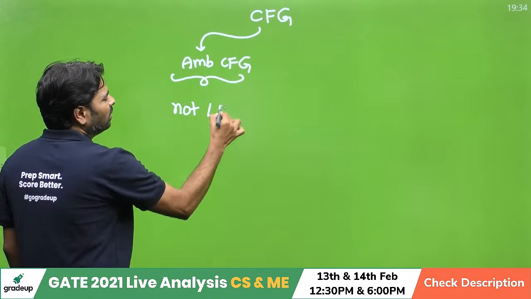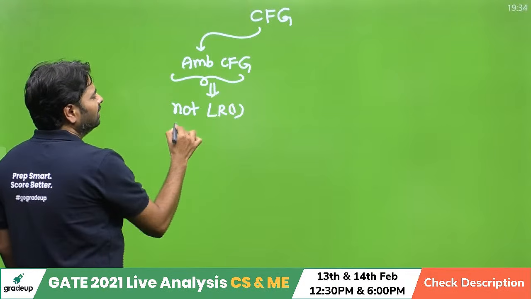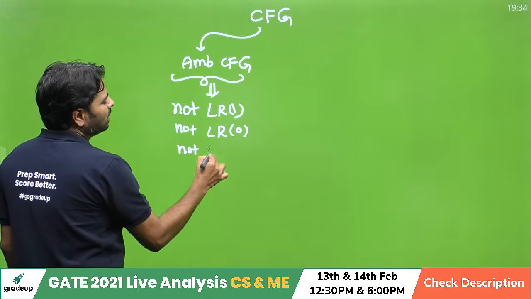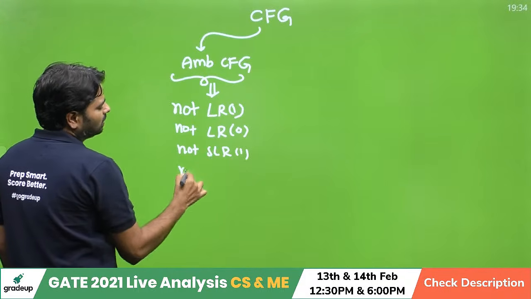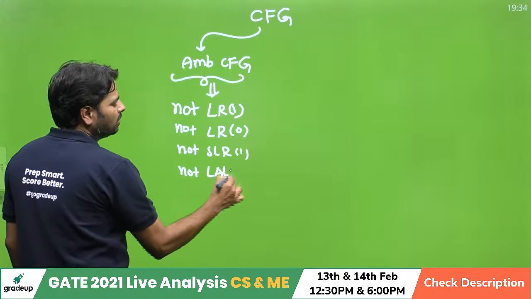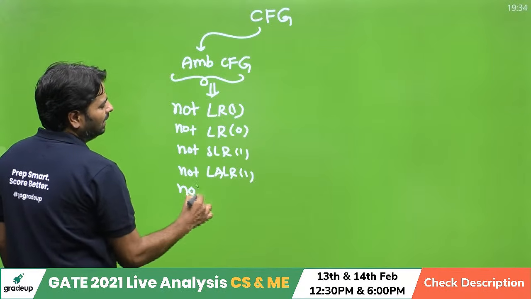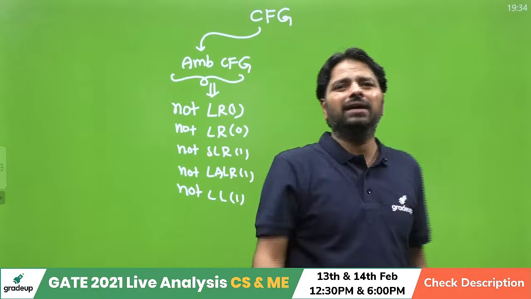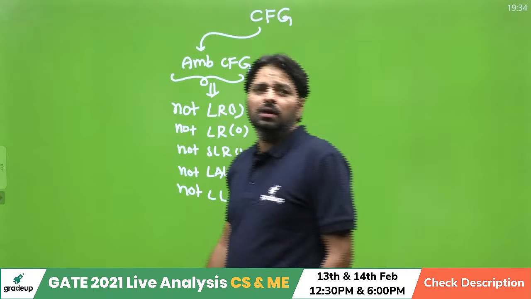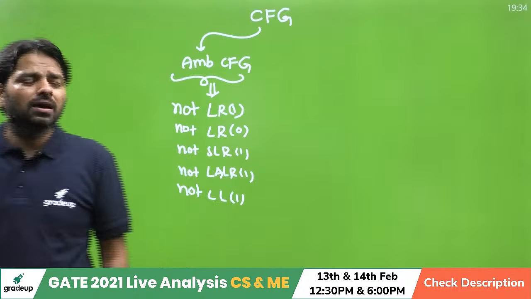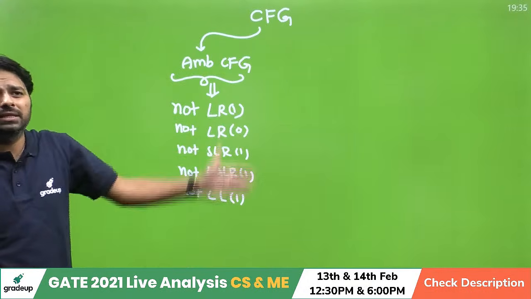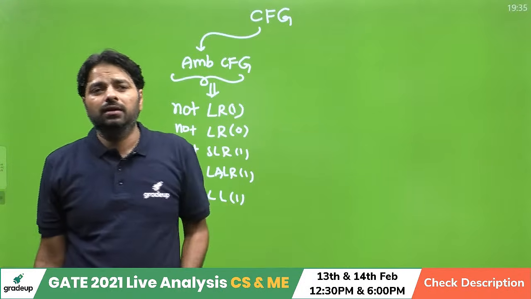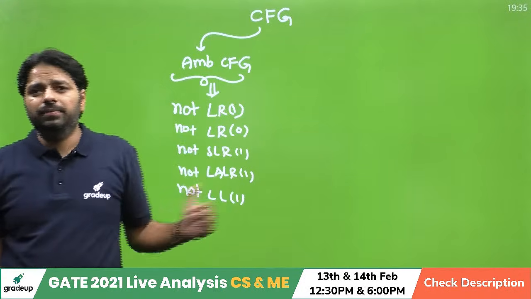They are not LR1, not even LR0, not SLR1, not LALR1, not LL1. If the grammar is ambiguous, what is the need of a diagram? If an ambiguous grammar is given in the exam, do you require the diagram? Don't waste your time. Clear everybody?